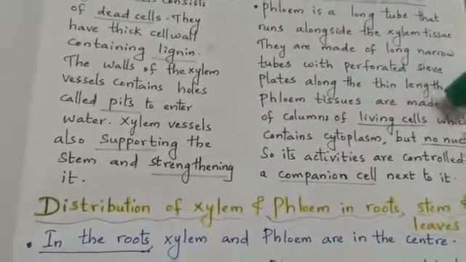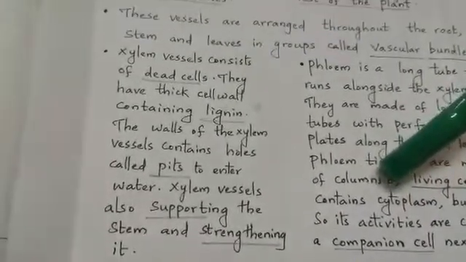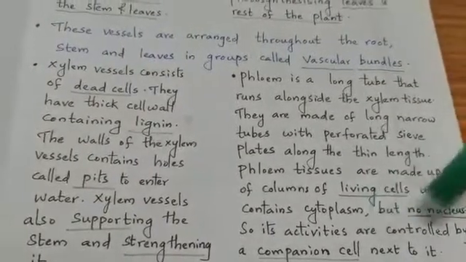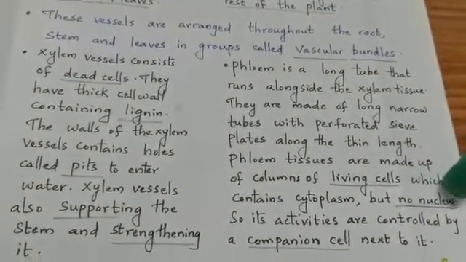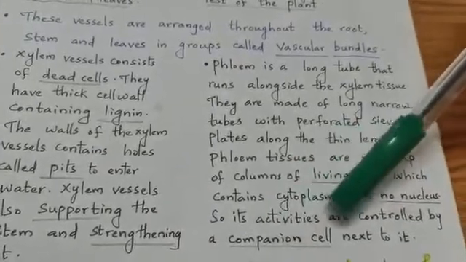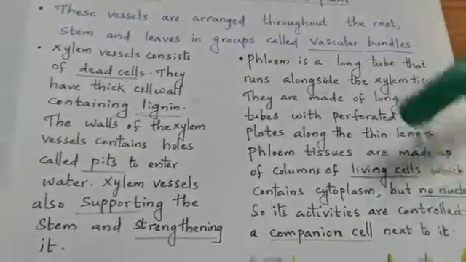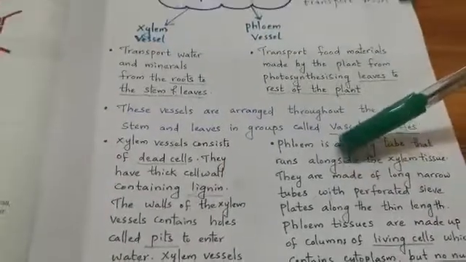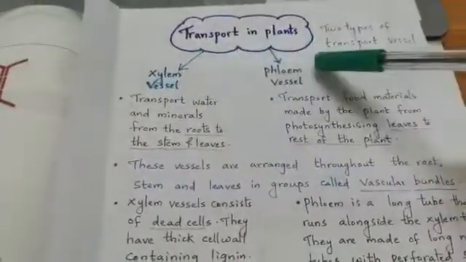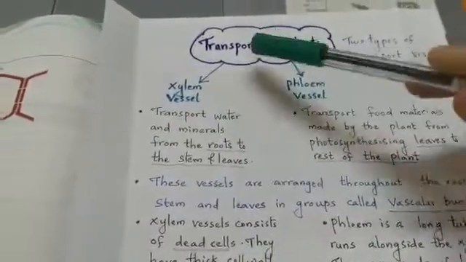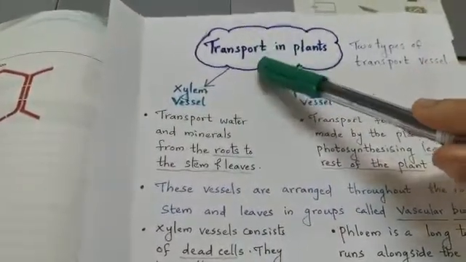Phloem tissues are made up of columns of living cells which contain cytoplasm but no nucleus. So their activities are controlled by the companion cell next to it. Hope you understood about the xylem tissue and the phloem tissue, or xylem vessels and phloem vessels, that help in the transportation of plants.